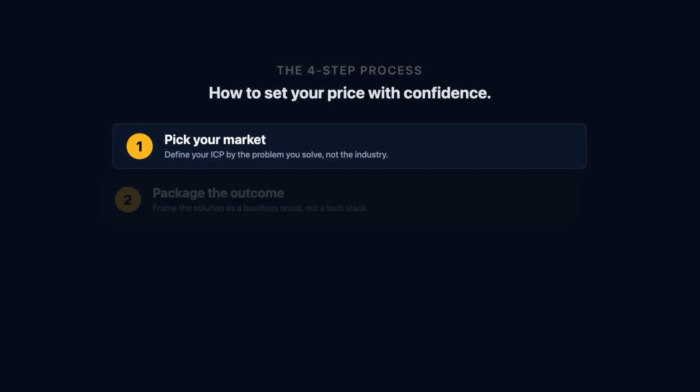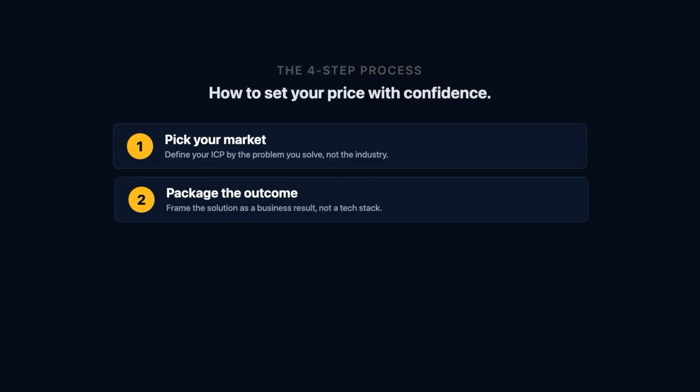So, step two. Step two is you have to package your solution around a business outcome. I'm going to say that again. Step two is you have to package your solution around a business outcome. Stop describing what you do in terms of technology. No techno vomit, please.